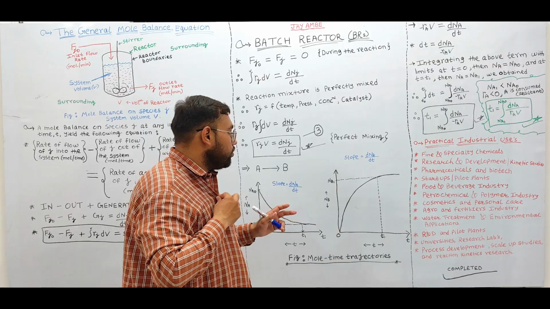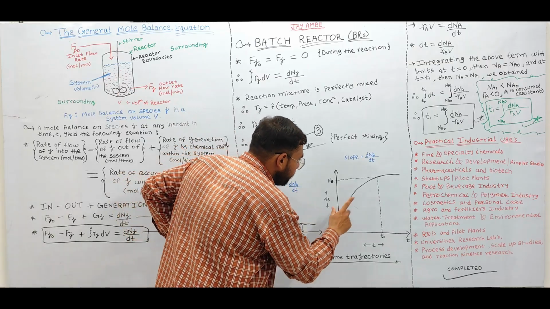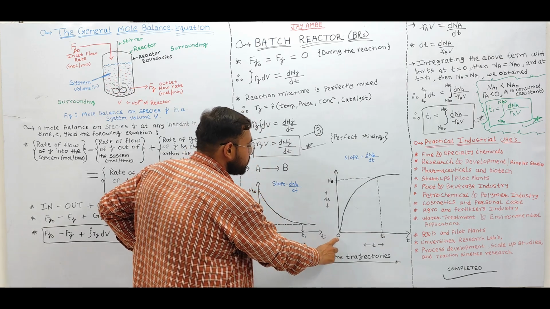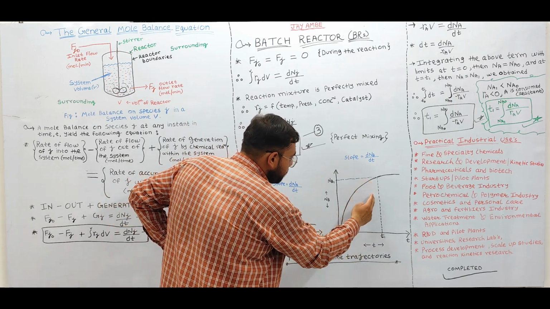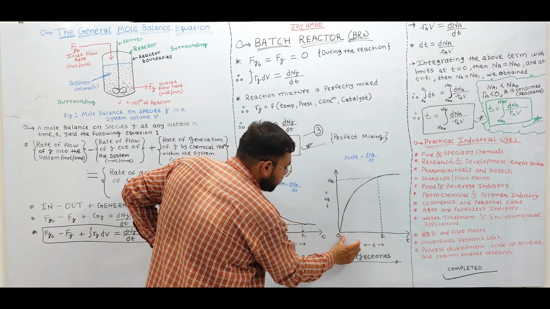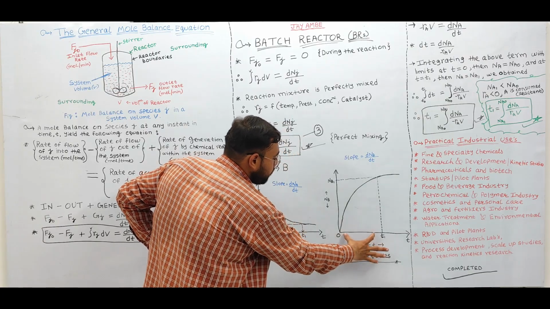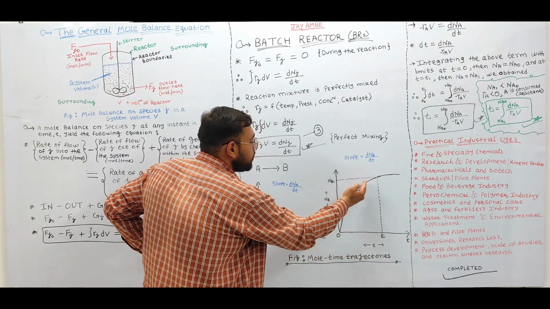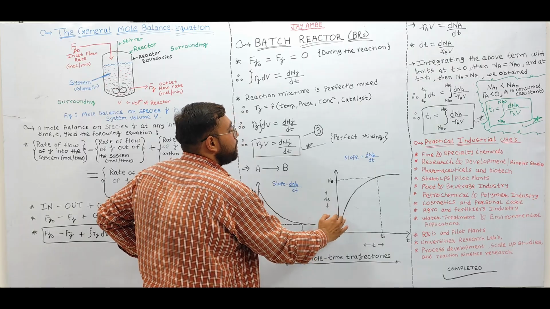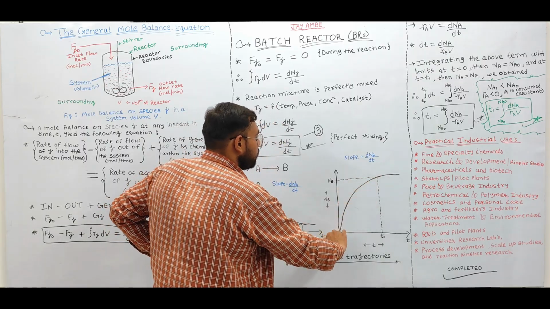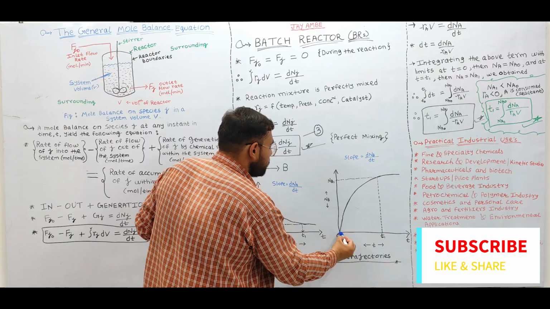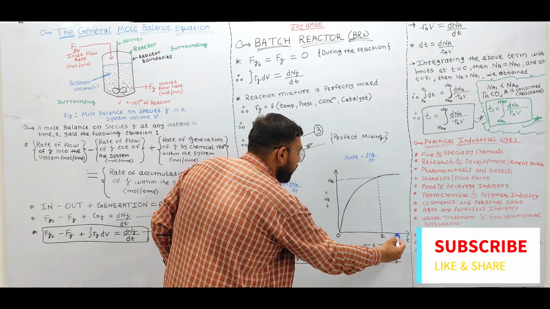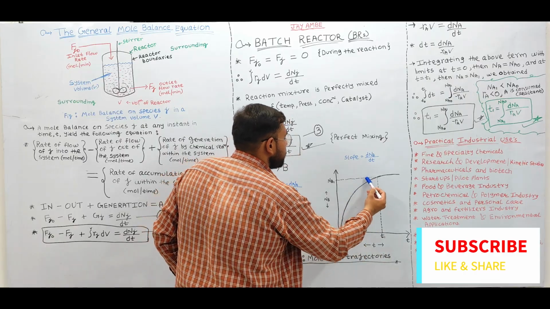So here also we have two parts, right? Let's say in the first part, from time t is equal to 0, where we have NB equal to 0, up to this part, we can see we have the steepest slope, and the slope is increasing. From the nature of the curve, we can see that with the progress of the reaction, with the progress of time, the new products are getting generated.